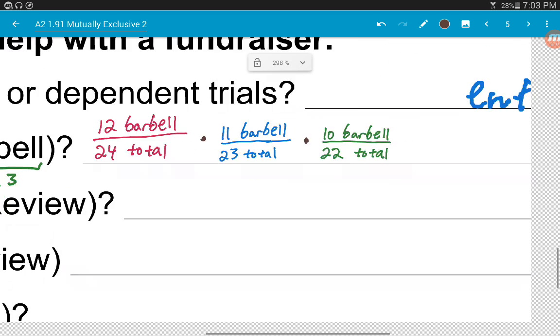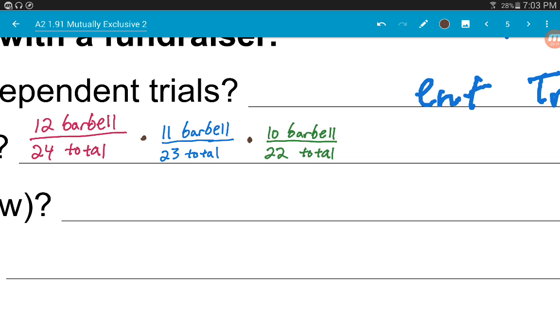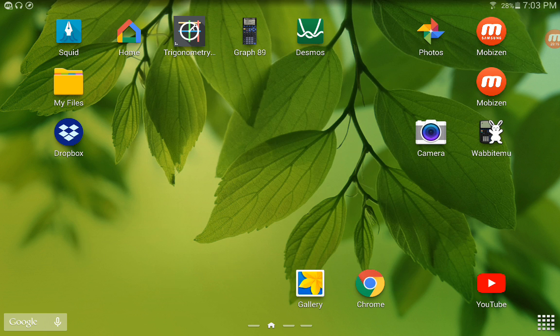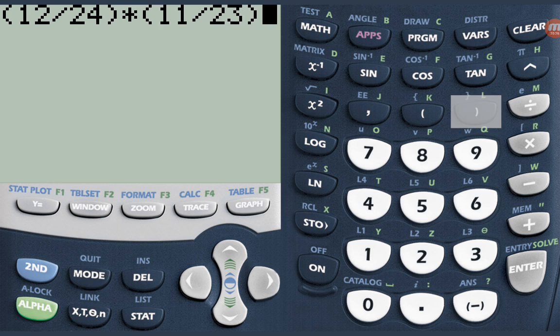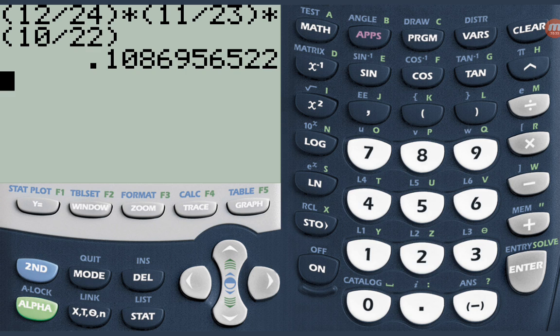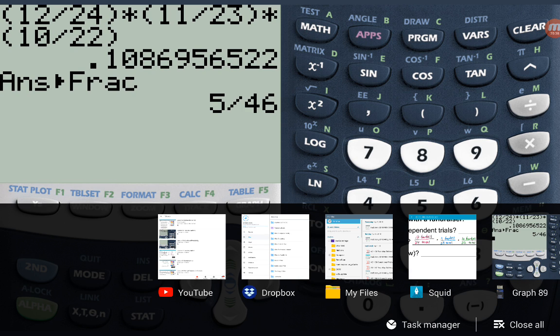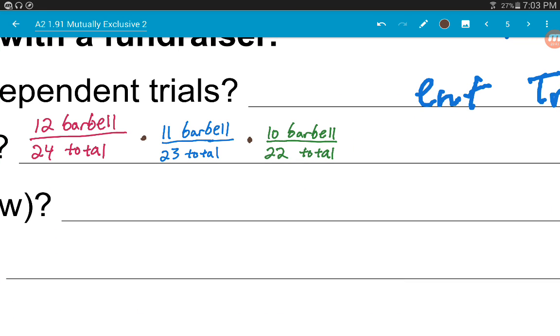I'm going to do it in a calculator because I don't want to do that by hand. Okay, 12 over 24 times 11 over 23 times 10 over 22, enter. And now let's math enter because that looks like an ugly decimal. 5 over 46. That's a pretty good number. So the probability of that is 5 out of 46.